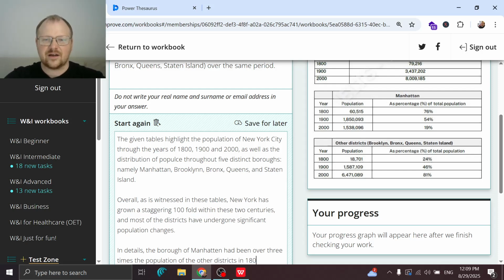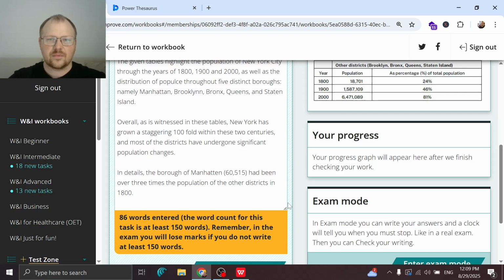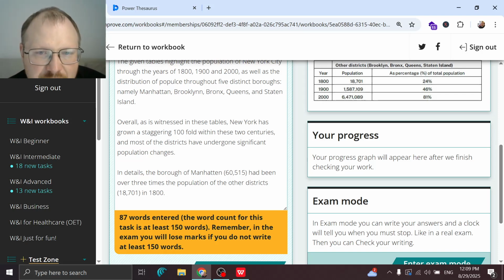in 1800. So we can start putting the numbers here. This is one way you can do it. 6515 and this is 18701. Manhattan had been over 3 times the population of other districts in 1800.